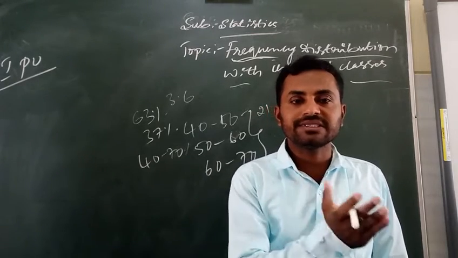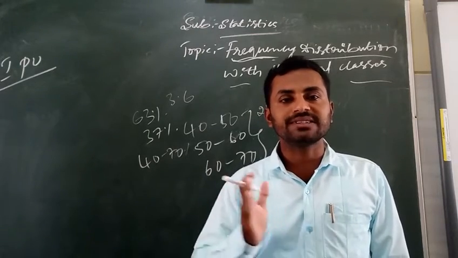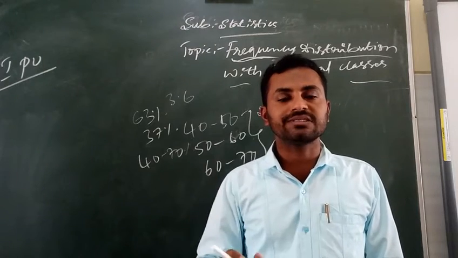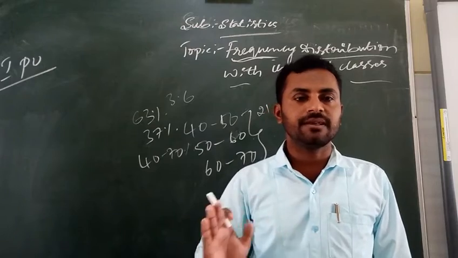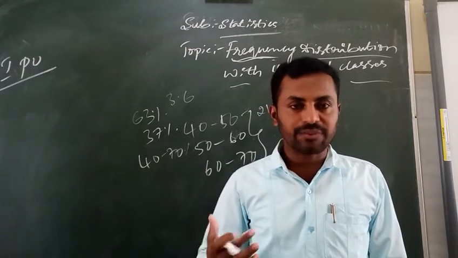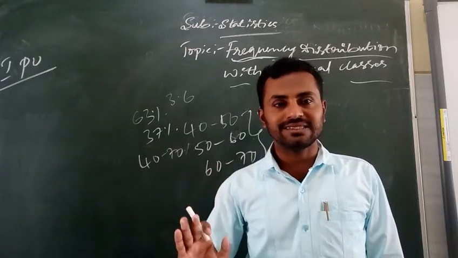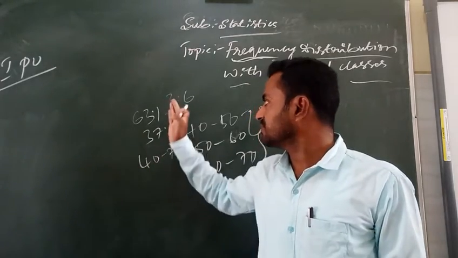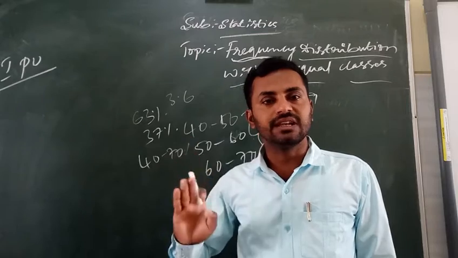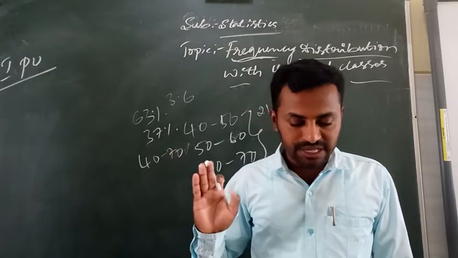What we discussed was table number 3.6; now we are going to discuss table number 3.7. There will be a difference in the class marks, because we have split the classes 40 to 50, 50 to 60, and 60 to 70.